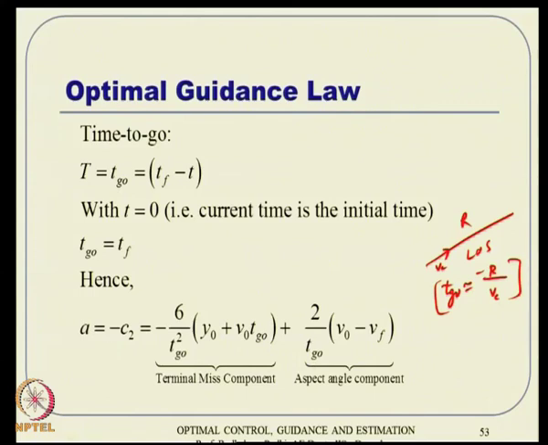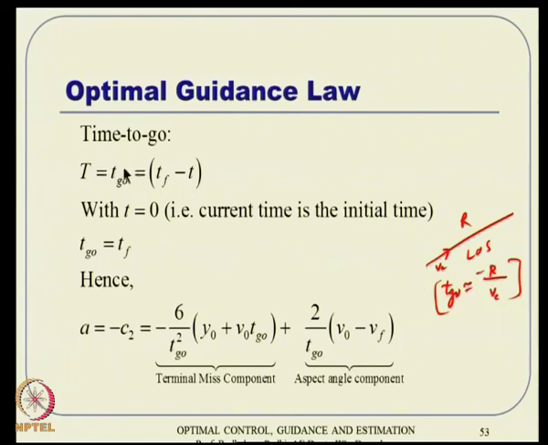To avoid that, it is better that you estimate a good T go which does not fluctuate much. For that you have to assume a circular path, or a path depending on the trajectory shaping that you are talking about. Essentially that is the line integral of the path divided by the average velocity on the path. Then you will get a very good estimation of T go. I will not digress too much on that; you are encouraged to read many things on that. But this is something that people conveniently use anyway.